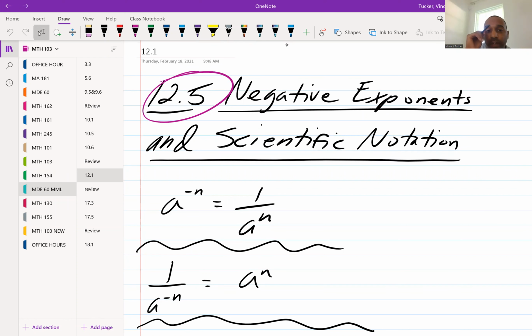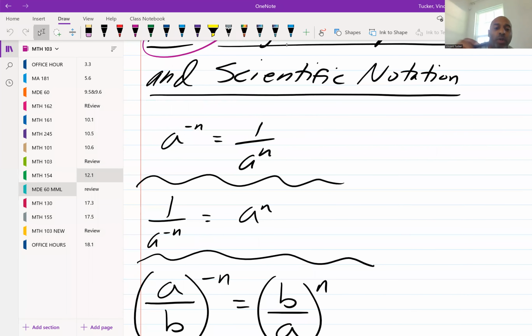All right, so 12.5 is negative exponents in scientific notation. All right, so we talked about negative exponent rules previous class. a to the negative n power is 1 over a to the n if you want to write it as a positive exponent. 1 over a to the negative n, to write it positive, you take it up to your numerator.